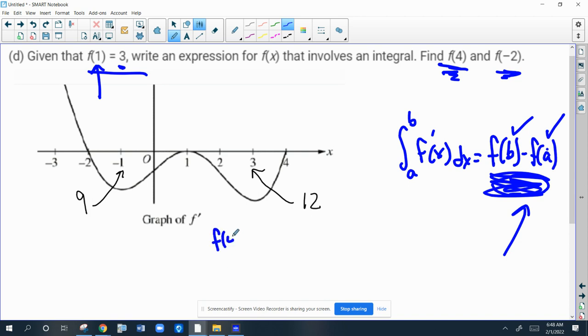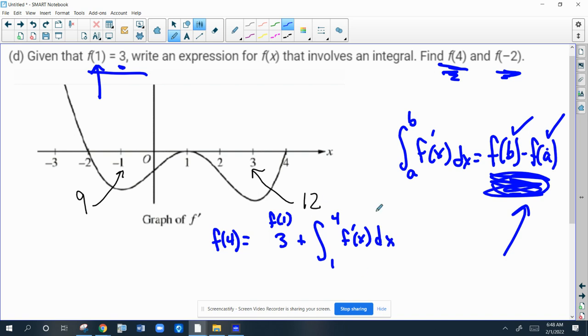f of 4 would be, well, we know at f of 1, we're at 3, and then you just add the net change from 1 to 4, which would be the integral of this rate.